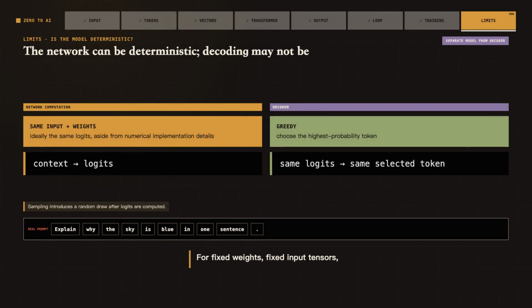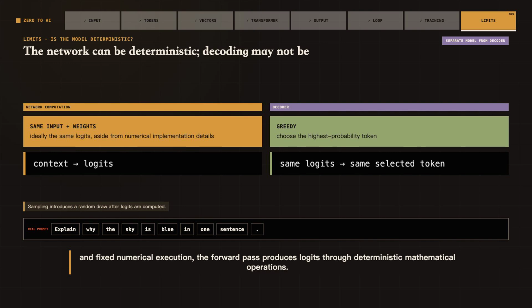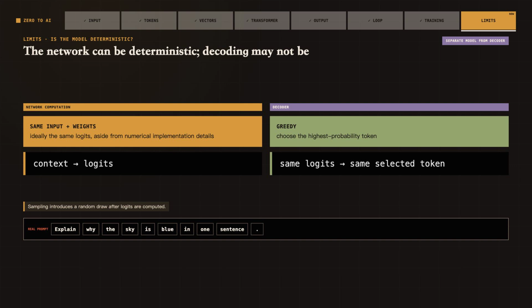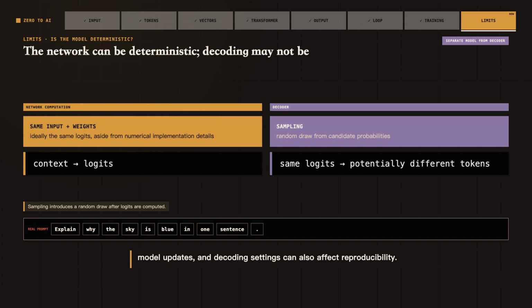For fixed weights, fixed input tensors, and fixed numerical execution, the forward pass produces logits through deterministic mathematical operations. Sampling can then add randomness to token selection. In practice, server implementations, numerical precision, batching, hidden product context, model updates, and decoding settings can also affect reproducibility.